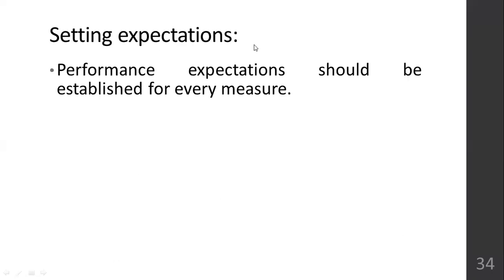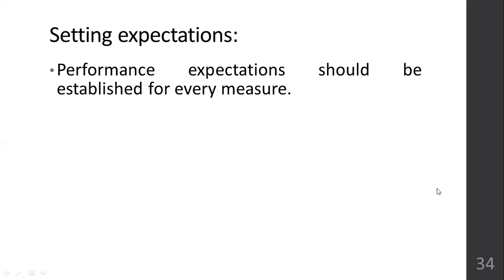So setting expectations: performance expectations should be established for every measure. When you want to see how a hospital is performing, you will not see only how the ICU is doing. You will have to see how the emergency is doing, how the laboratory is doing, how the administrative department is doing, how the radiology department is doing.